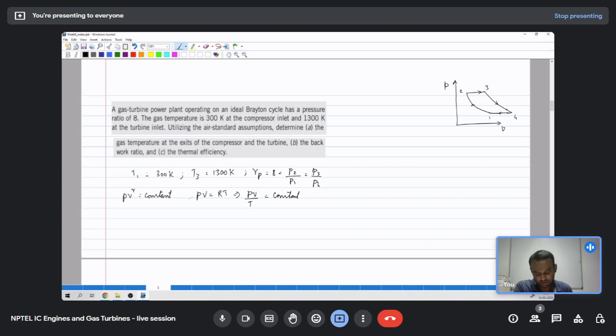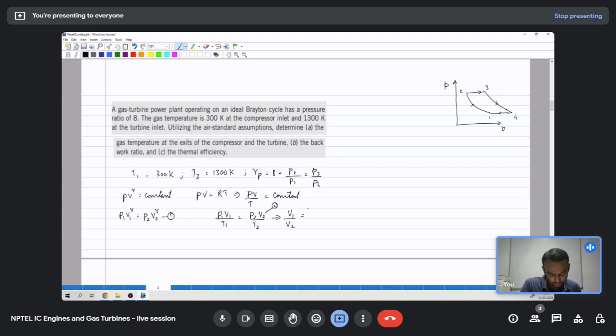Using these two expressions, we can derive the relation between pressure and temperature during isentropic compression. So here we have P1 V1 power gamma equal to P2 V2 power gamma, whereas here we will have P1 V1 by T1 is equal to P2 V2 by T2. Now I want an expression between pressure and temperature, so I have to eliminate the volume from this expression. I can calculate V1 by V2 and substitute back in equation 1.